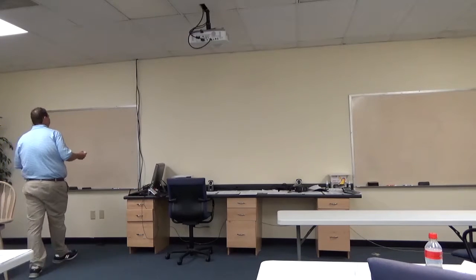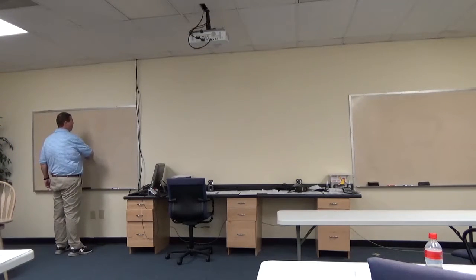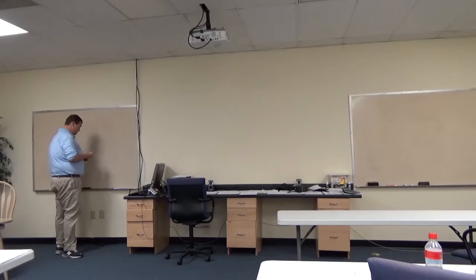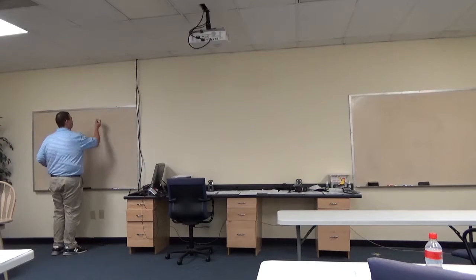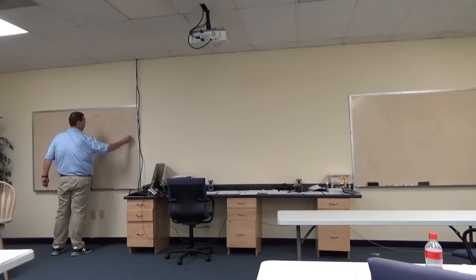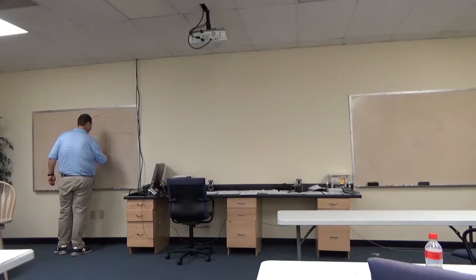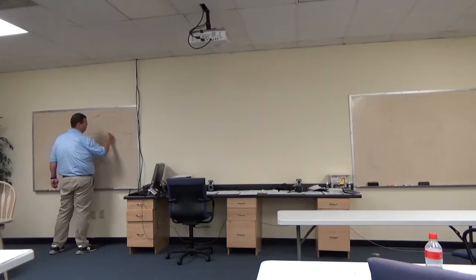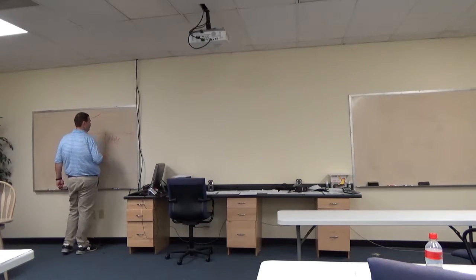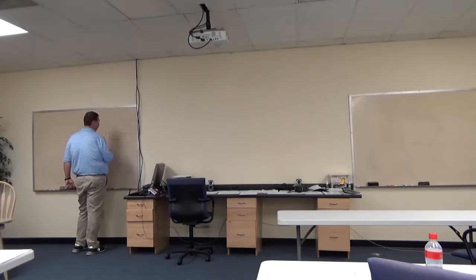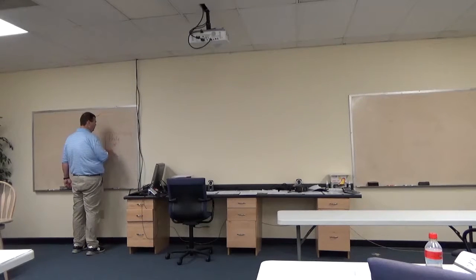So, when you're calculating profit and loss, you can still use a T-bar. And like most T-bars, you're going to have a rate down here in the right-hand corner. This is going to be rate of return, we're going to call it.